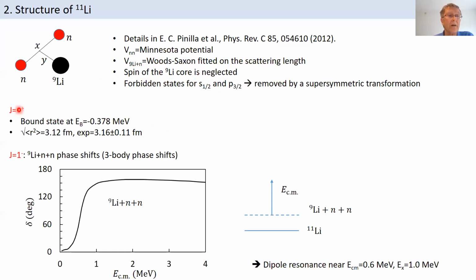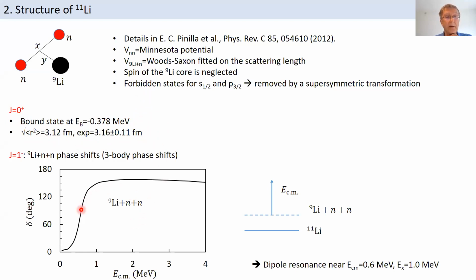So for 0 plus, there is a bound state as we expect, and in fact, the binding energy is reproduced by a scaling factor on the lithium-9 plus neutron potential. It's very close to 1. It's 1 and a few %. And then the root mean square radius is 3.12, which is in good agreement with experiment.